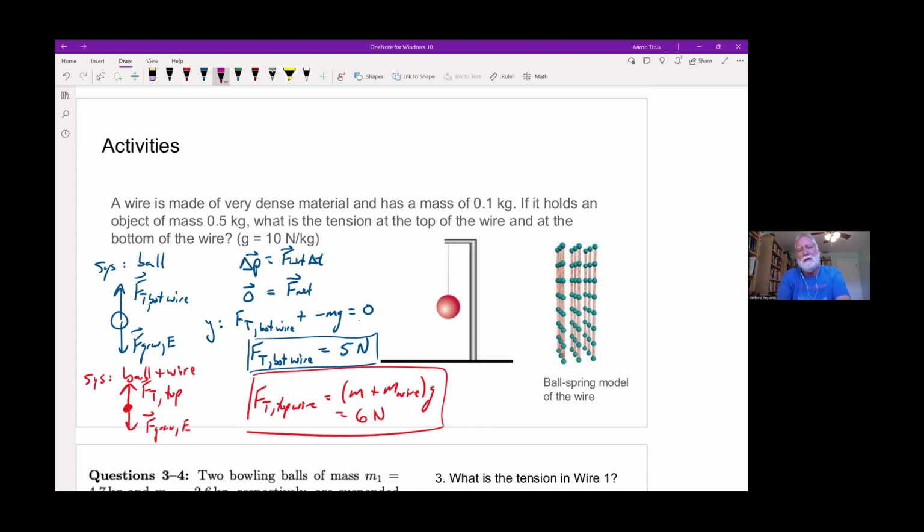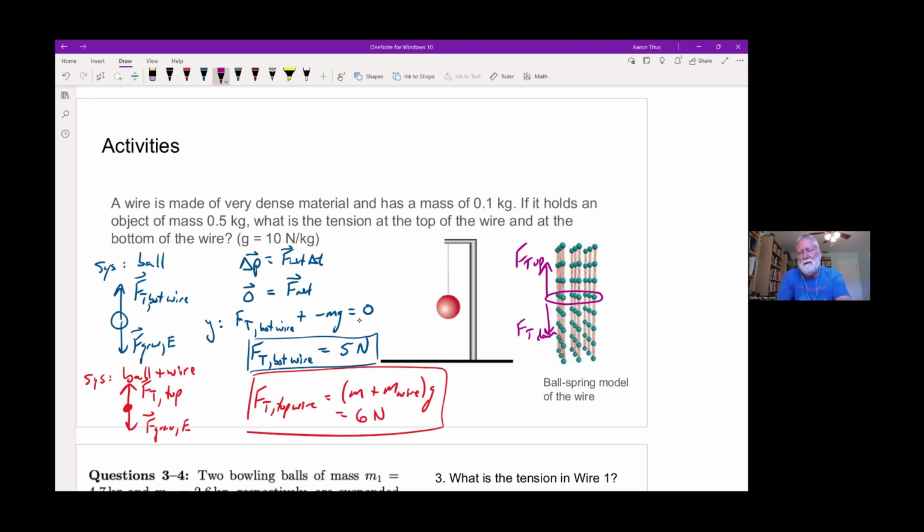This is how you would get the tension throughout the wire. Right. And then there must be a tension difference between the top and the bottom, a T and a T plus dT, because that's what's going to support that little infinitesimal bit of mass.